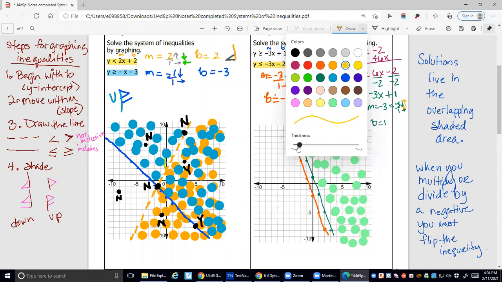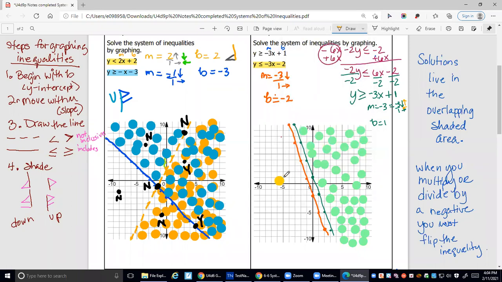He said, notice how we're shading down, because remember our rules: if it's less than or equal to, we shade down because we can make a D out of it. And here, if it's greater than or equal to, we can make a P, so we can shade up. This one is less than or equal to, so we can make a D out of it and shade down. We start at the y-intercept and we shade down.